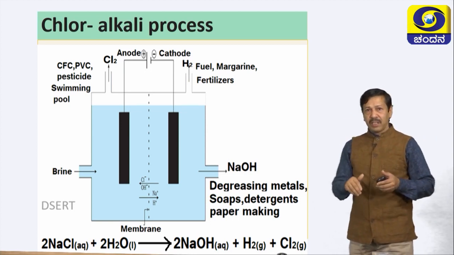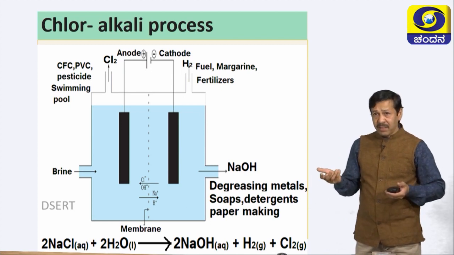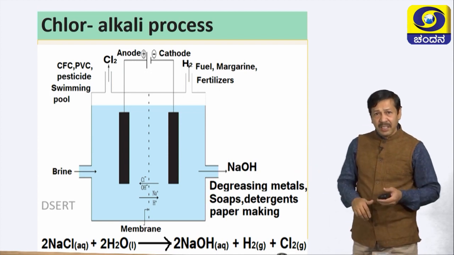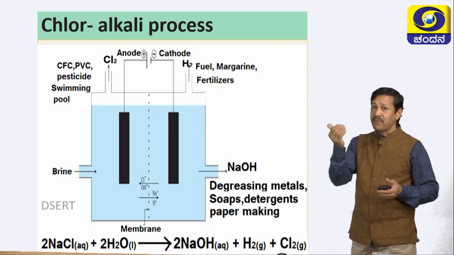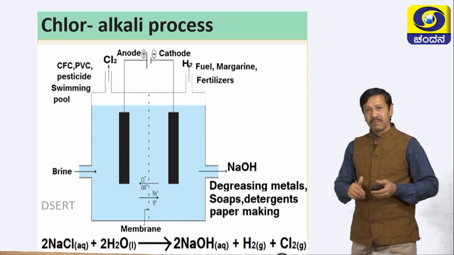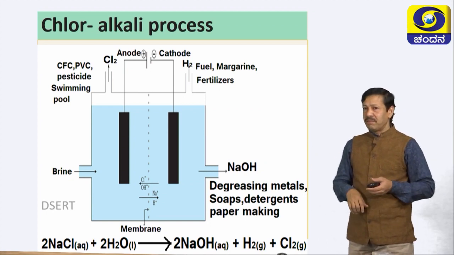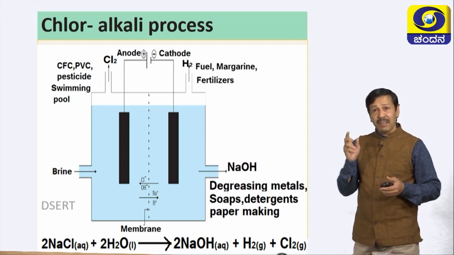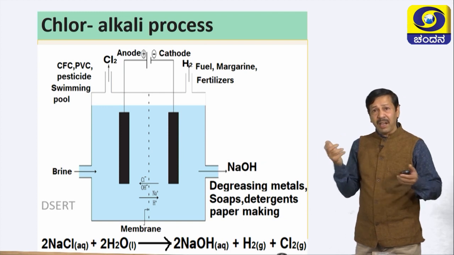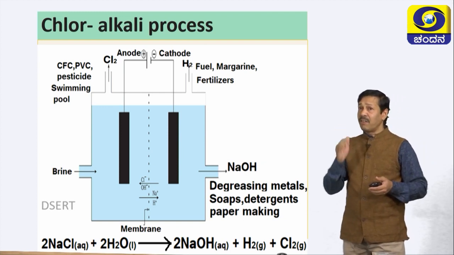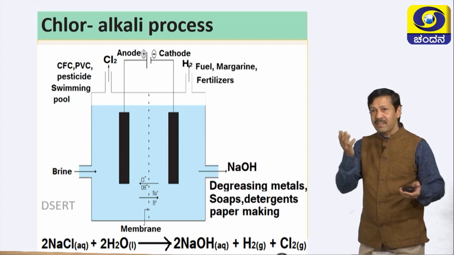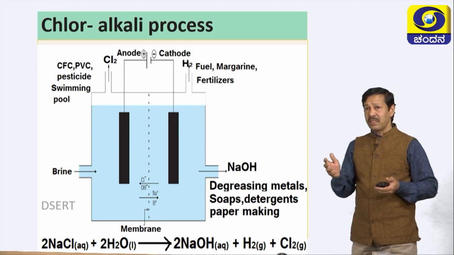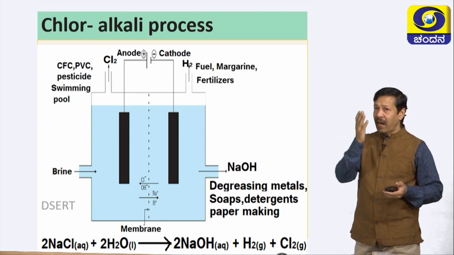First one is chlorine. Chlorine is used in CFCs, polyvinyl chloride, PVC, pesticides like DDT, and also used in swimming pools to kill the germs. Next one, hydrogen. It is a very good fuel, also used in artificial ghee, that is margarine. Then also used in fertilizers, many fertilizers of ammonium compounds are produced from hydrogen.